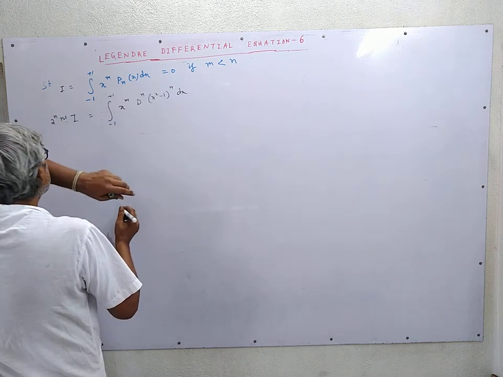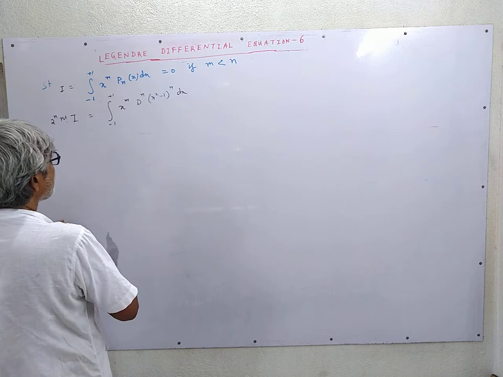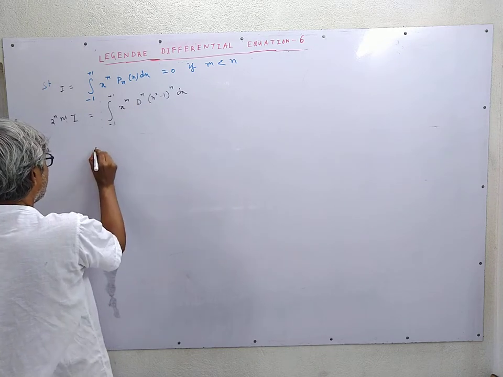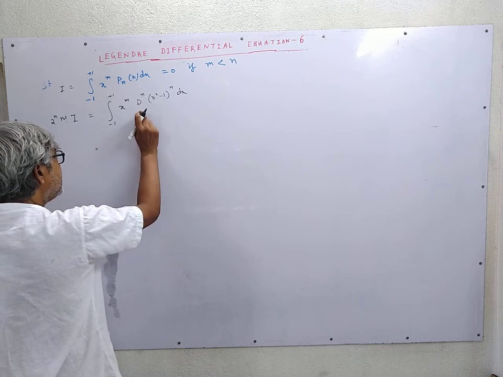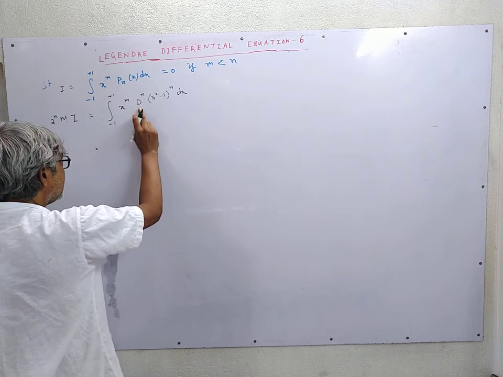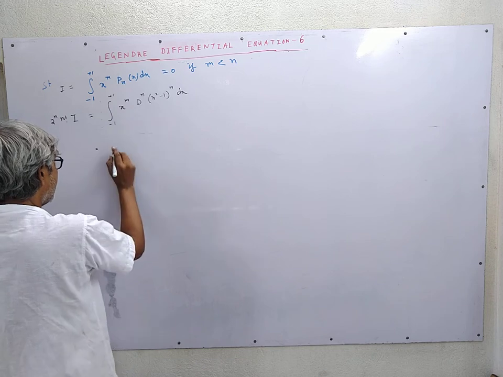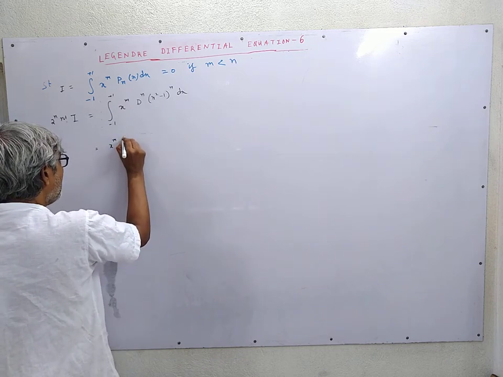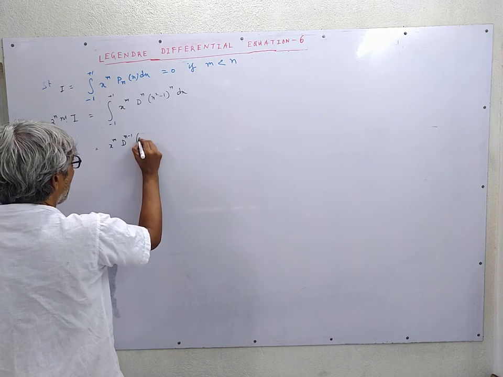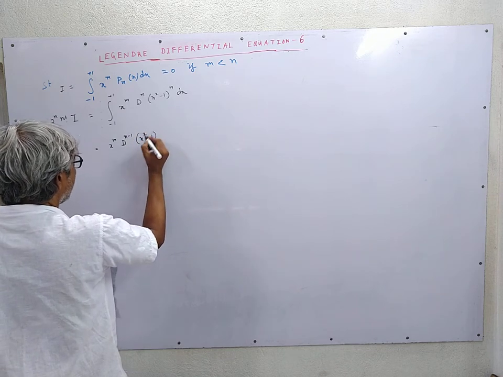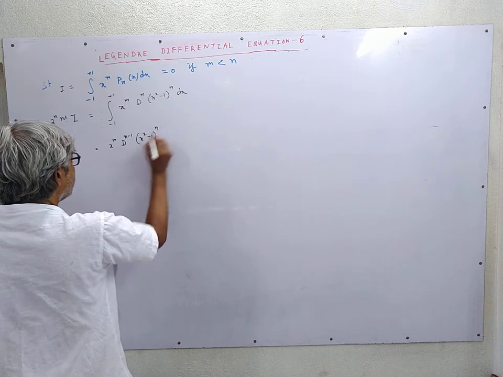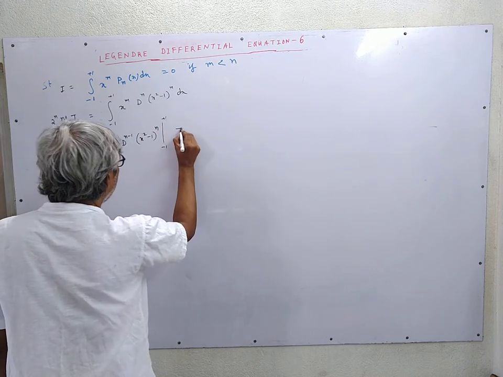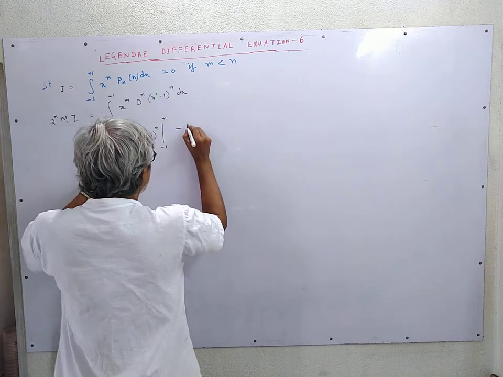If we integrate it by parts, we consider this as the first function and this as the second function. Since integration is the inverse process of differentiation, we can write x^m d^(n-1) operating on (x square minus 1)^n with limits -1 to +1, minus the differentiation of this.